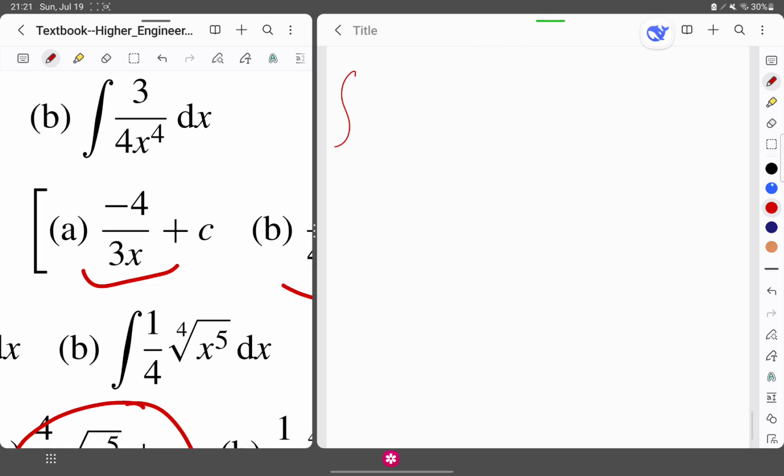Integral of, let's do it like this, 1 over 4 times x to the power of 5 dx. 1 over 4 times x to the power of 5 over 4 dx.